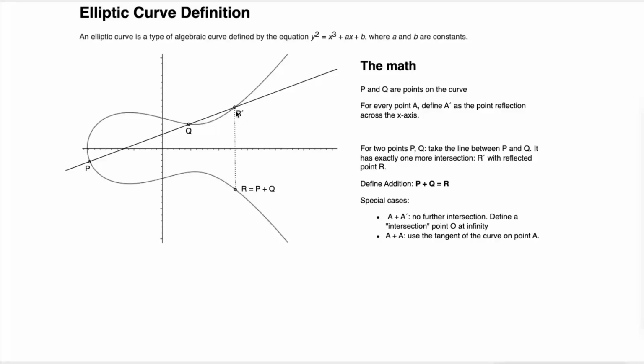Here you already see R and R dash, so that's just if you reflect it, because of the square here, this curve is completely mirrored across the x-axis. So it's a reflection, and you can always take this point and just put it down by inverting the y coordinate.